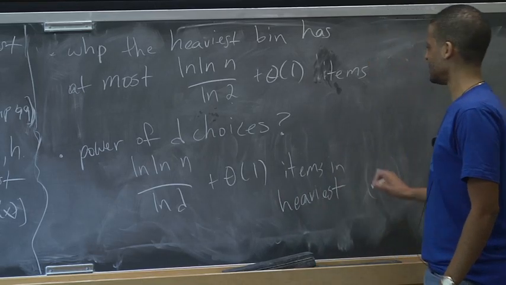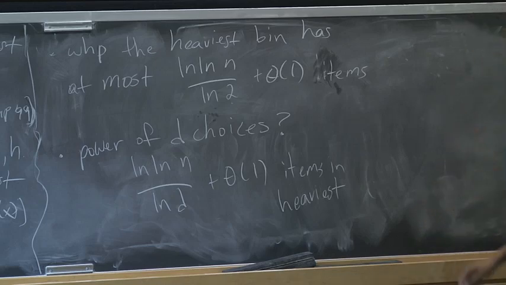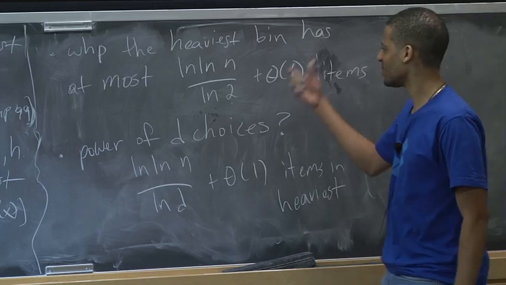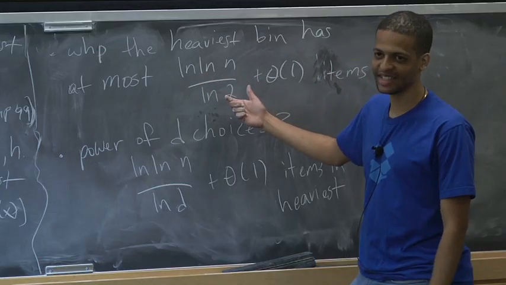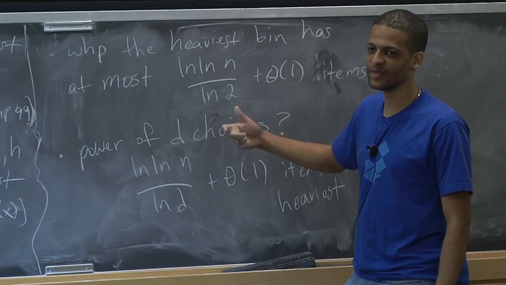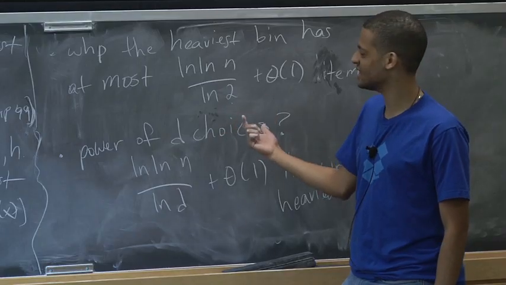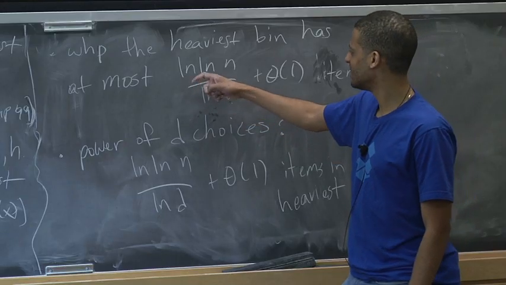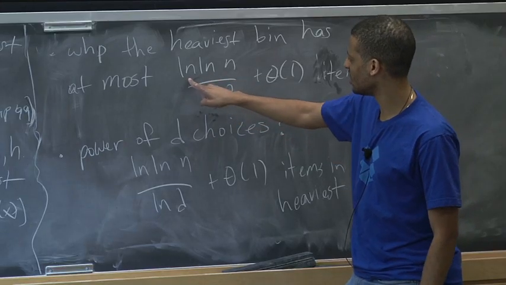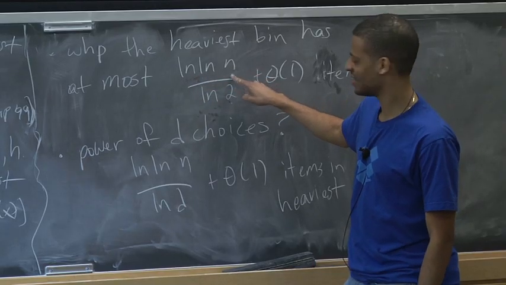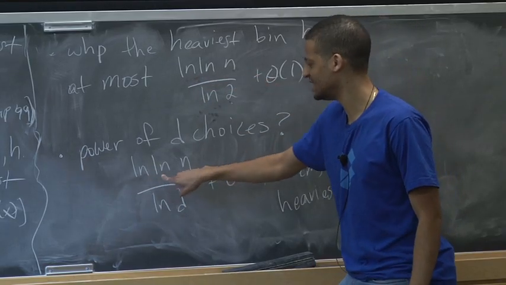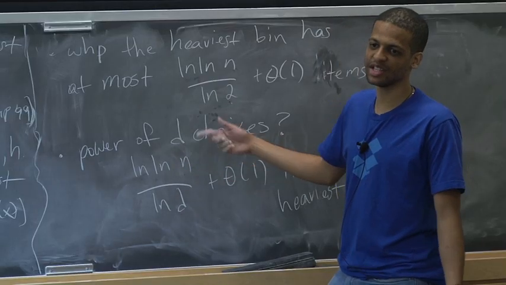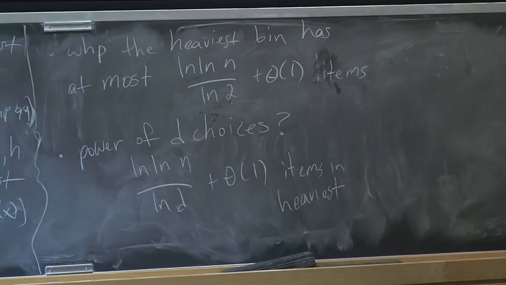When you went from one choice to two choices, you went from roughly log n to log log n. But when you go from 2 to d choices, you're really only changing the base of the log. This ln ln n over ln 2 is just log base 2 of ln n, whereas this over ln d is log base d of it. So you're just changing by a constant factor, right?